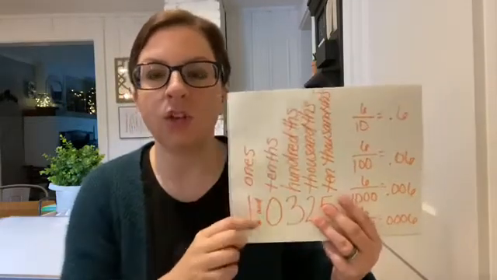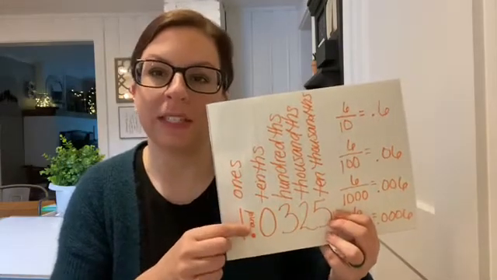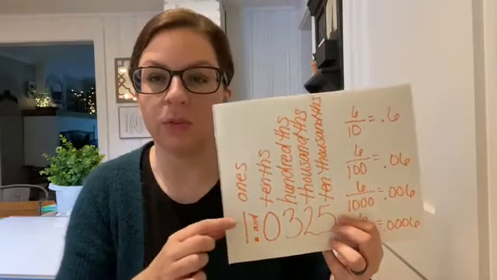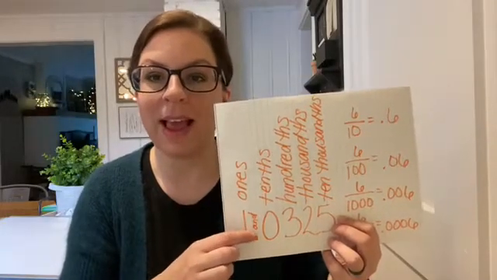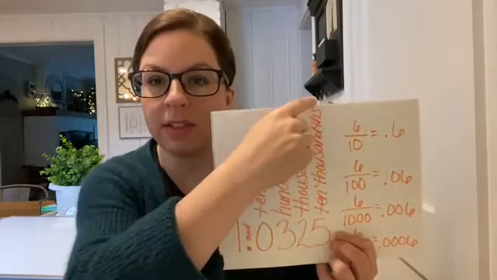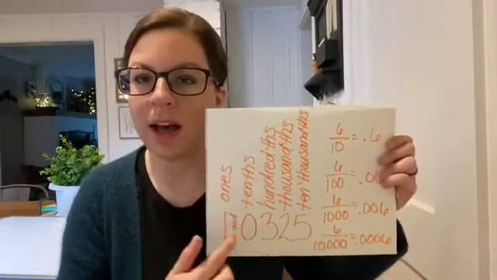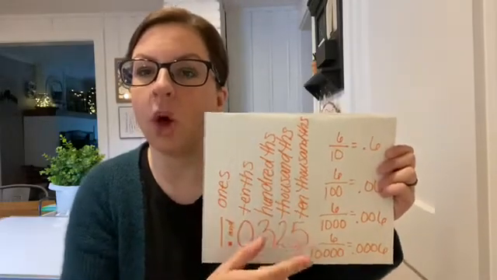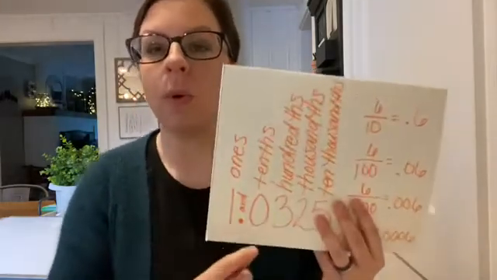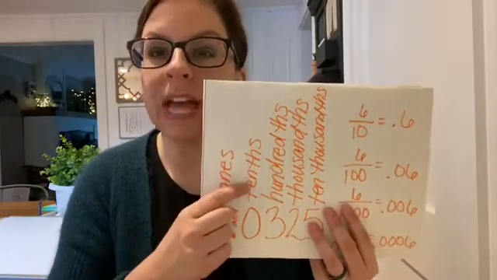When you read a whole number and a decimal, you're going to say "and" when you see the decimal point. So this would be 1 and 325 10,000ths. Let me show you how I read that and how I know what that place value is. When we're doing place value on a decimal, we start with tenths.